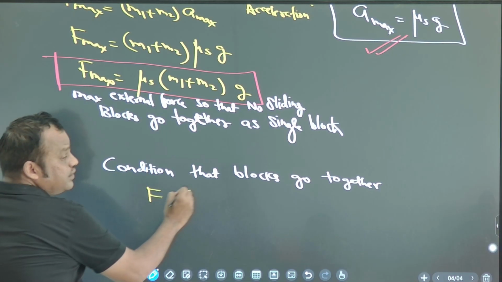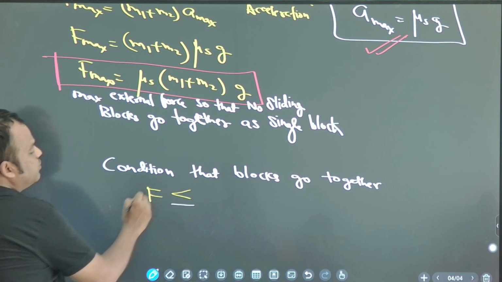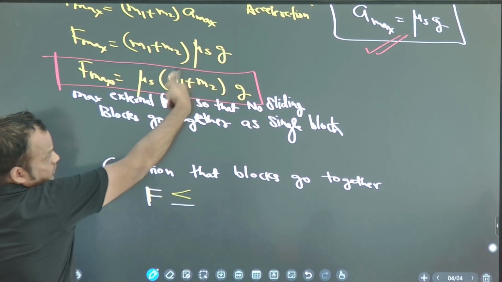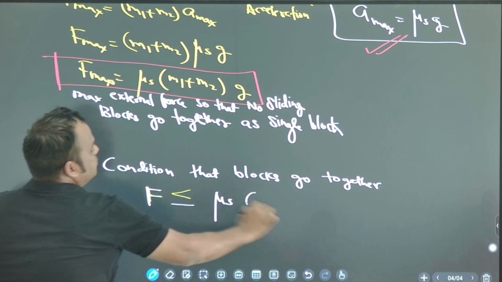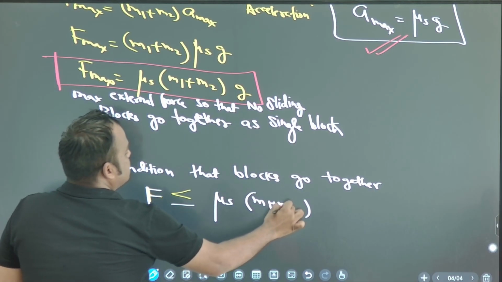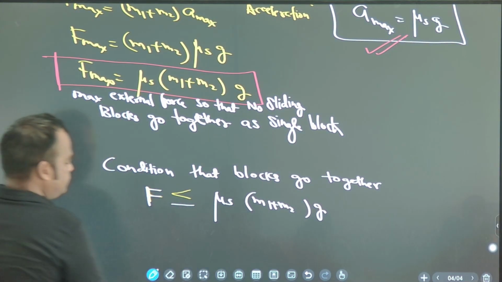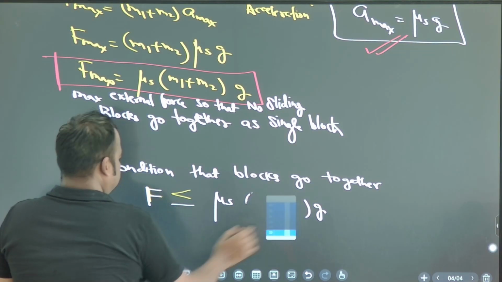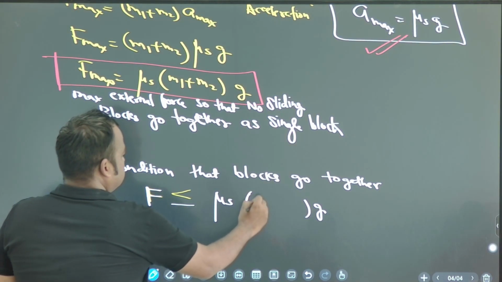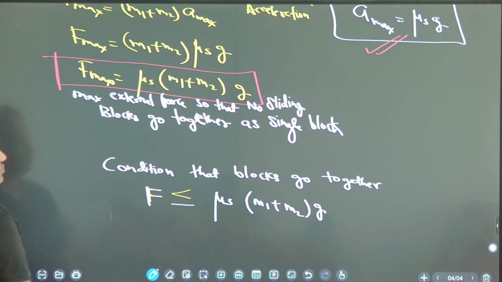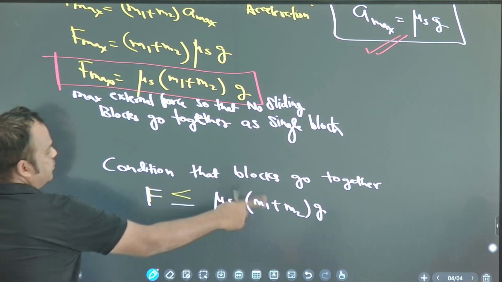F must be less than or equal to capital F. Capital F must be less than or equal to mu s into (m1 plus m2) into g. Note down. F must be less than or equal to this.